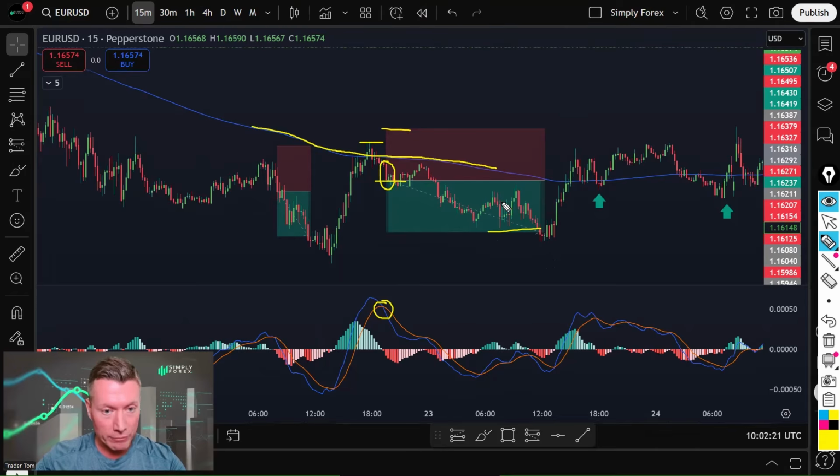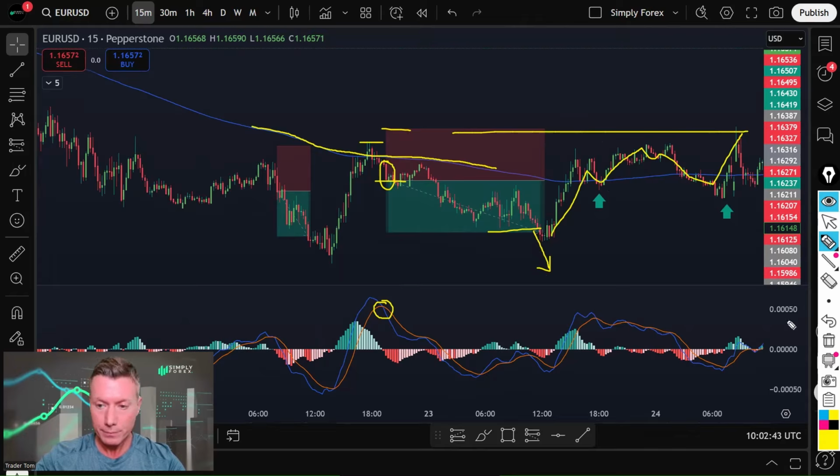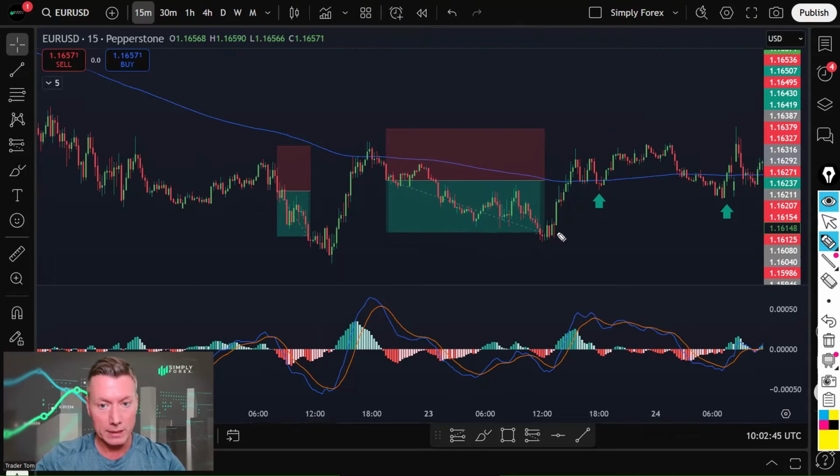Now, this is a very good example of why we take 1:1. If we actually waited for 1:1.5, this trade would have been unsuccessful. Making our risk to reward 1:1 will actually give us a better win rate. And if you didn't take it at 1:1, eventually we would have got stopped out up here. All right, so another successful trade.